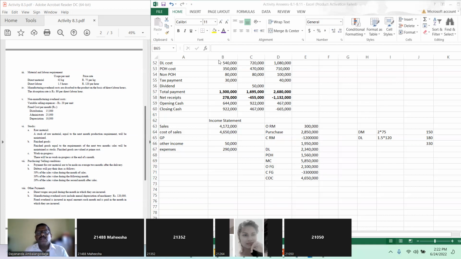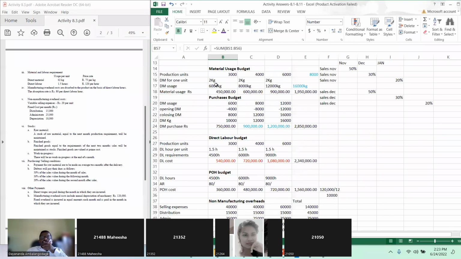To the my total opening finished goods and RM inventories. Is it wrong? 2001 is total. Finished good opening is what that? Opening finished goods. I think I have made a mistake. No, we'll see what. Yes.